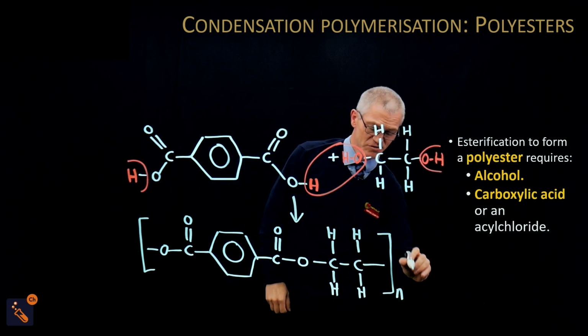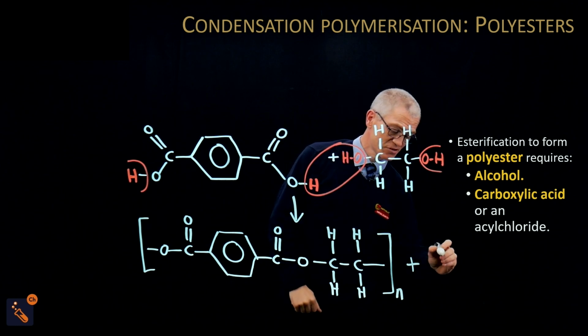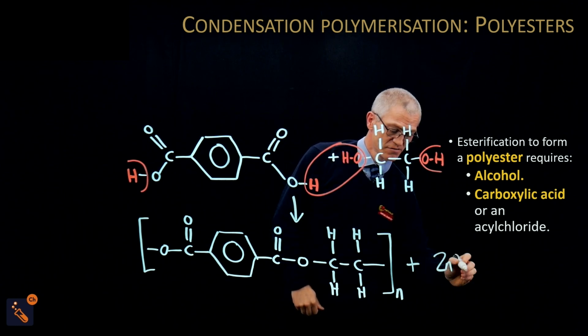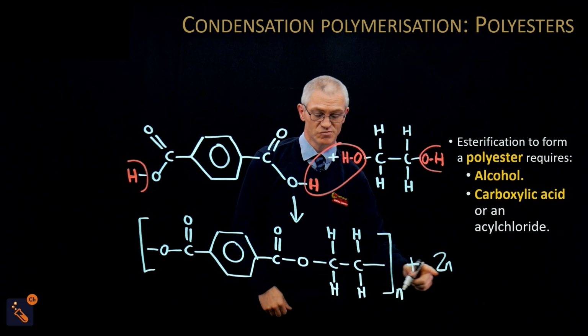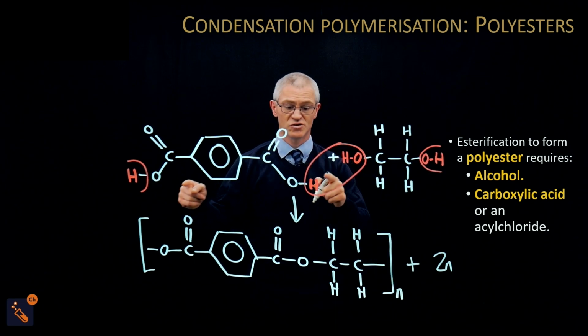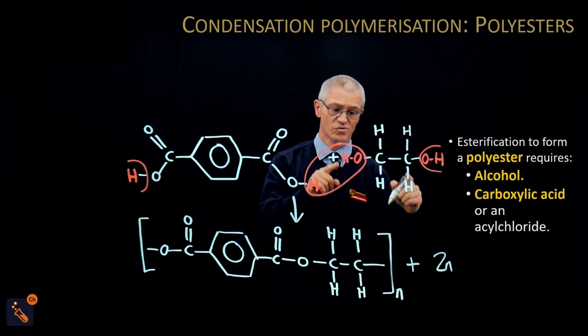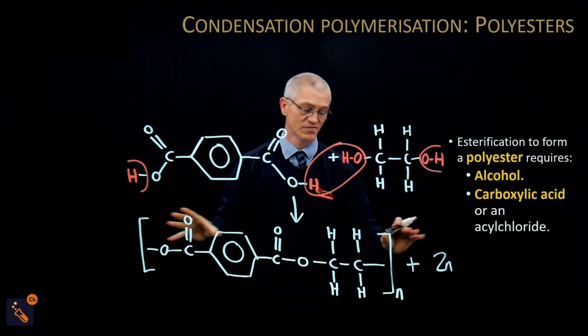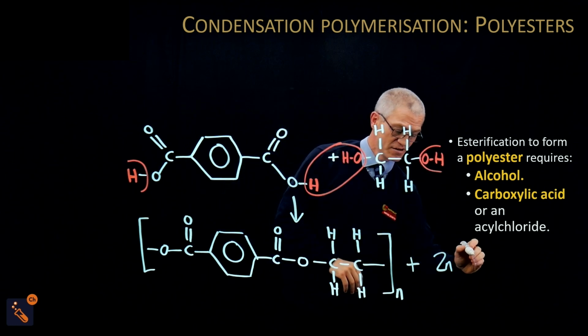And that's why sometimes you see in the books, you'll see 2n, as in 2 times whatever this is, because you've got 2 waters. So 1 water there, 1 water there. So for every unit of this, there's going to be 2n H2O.